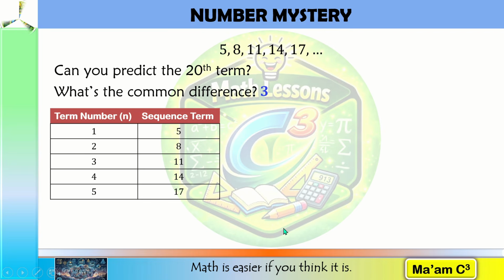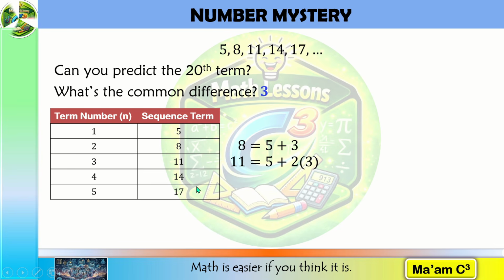How can we express each term using the first term only and the common difference 3? Let me start. I could write 8 as 5 plus 3. This is the first term, 5, and then the common difference is 3. How about 11? We could write this as 11 equals 5 plus 2 times 3, since 2 times 3 is 6 and 6 plus 5 is 11.